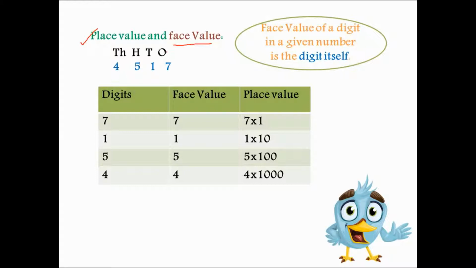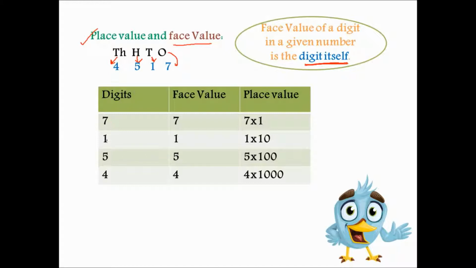We know that 7 is placed in the ones position, 1 in the tens position, 5 in the hundreds position, and 4 in the thousands position. Let us now find out the face value. The face value of a digit in a given number is the digit itself.